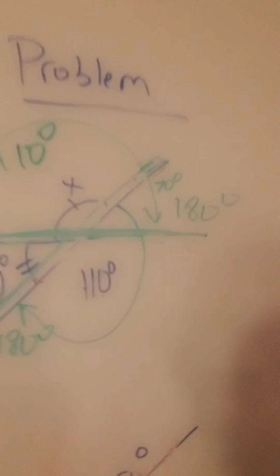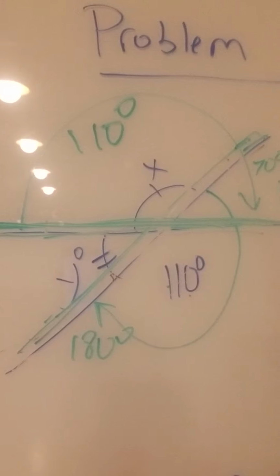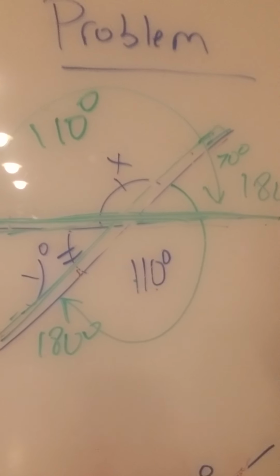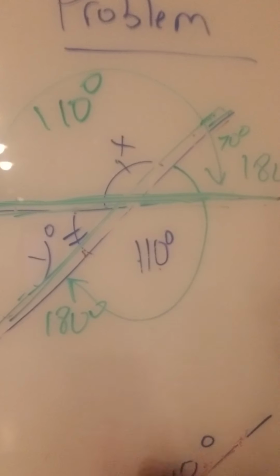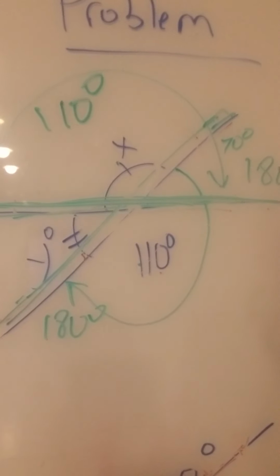Another way to think of it is in terms of the flat line rule in relationship to a shift. So if this is 110, that has to be 110. This is also called the vertical angle rule, by the way.